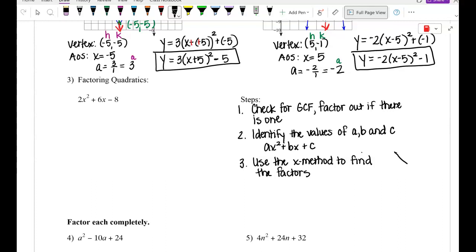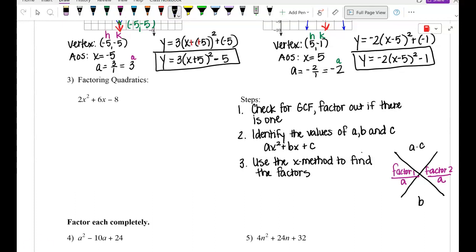If you remember the X method, we draw that X where the top of the X is A times C. The bottom of the X is B. And then we have factor 1 on one side, factor 2. And the thing we need to remember is we do have to make sure and divide by A to get those factors.